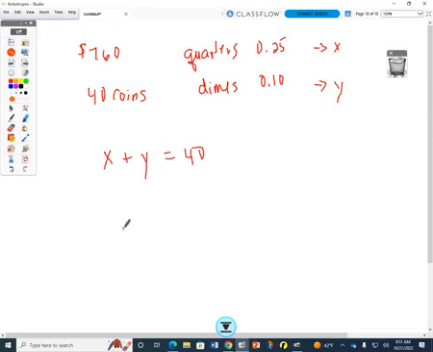So now, let's stop and think a little bit. We have $7.60 left. We haven't used the values for our quarters and dimes. We know in total it's $7.60. We're going to use the 7.6 for that. Oh, real quick.